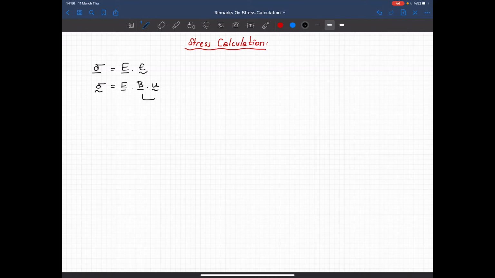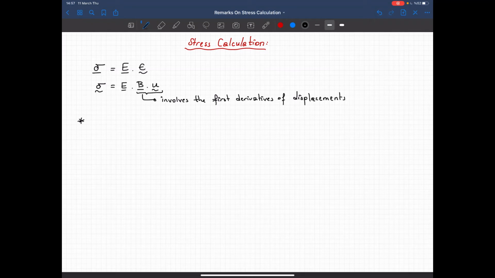But this B matrix, remember that, involves the first derivatives of displacement. Right, this expression, especially for this membrane element.